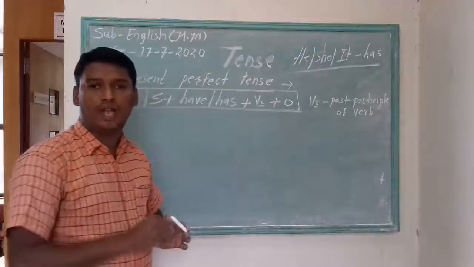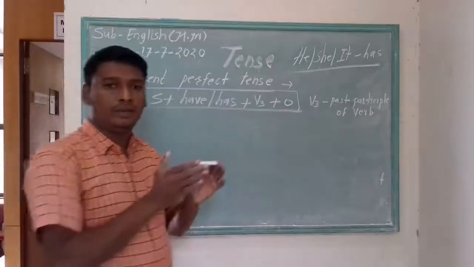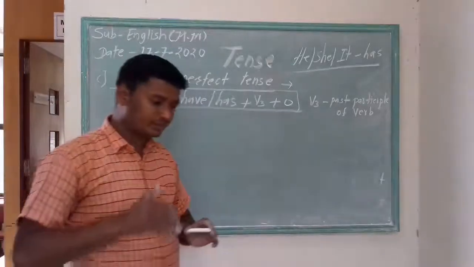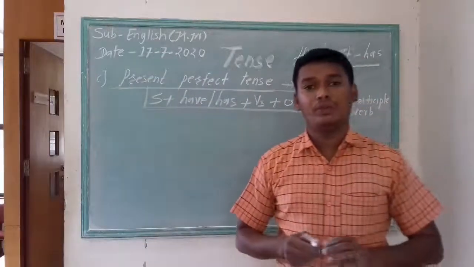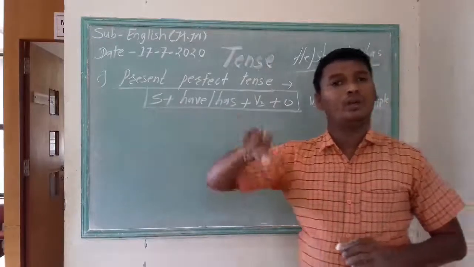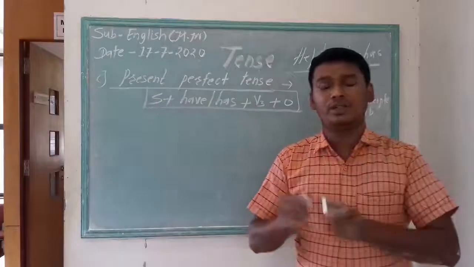Otherwise, we take have. For first person singular and plural, second person singular and plural, and third person plural, we take have. It means I have, we have, you have, and they have. Just for he, she, it, we take has.